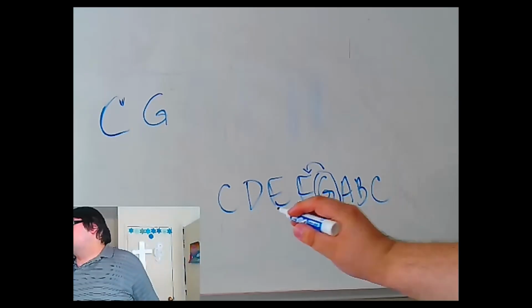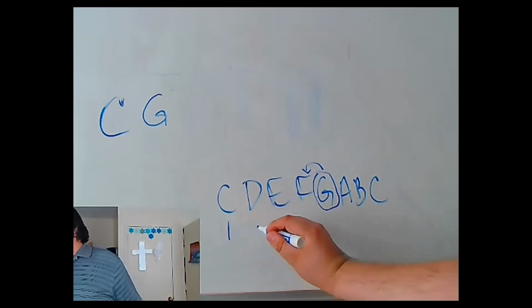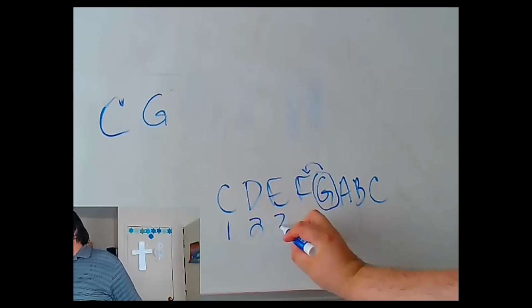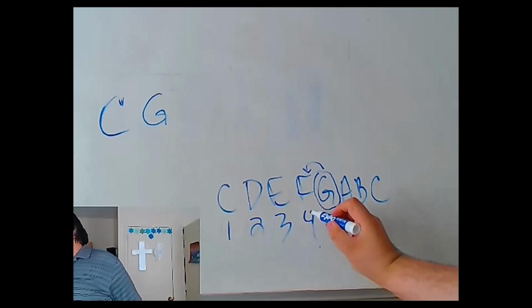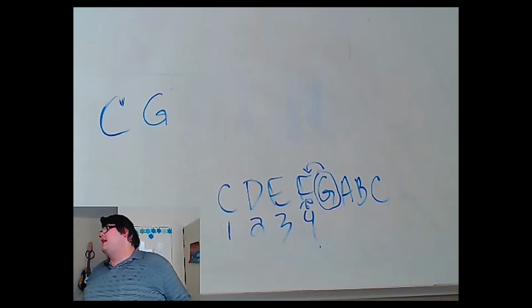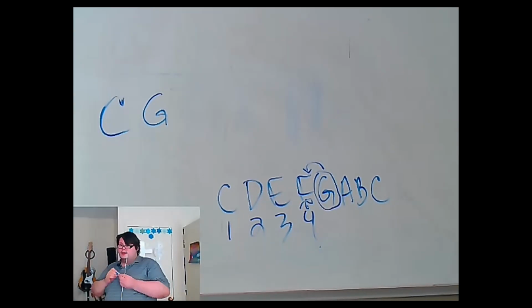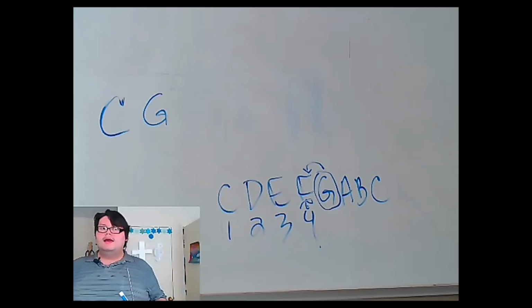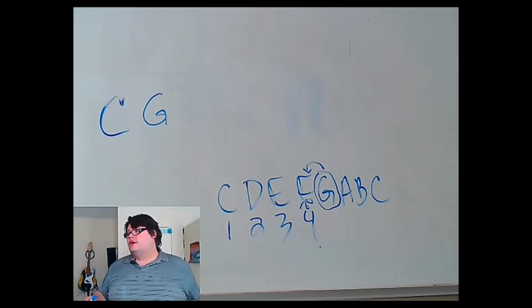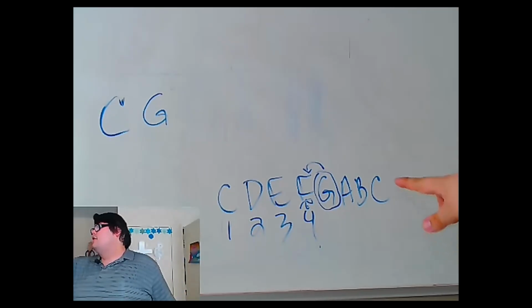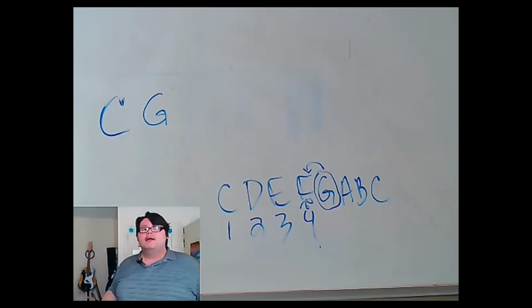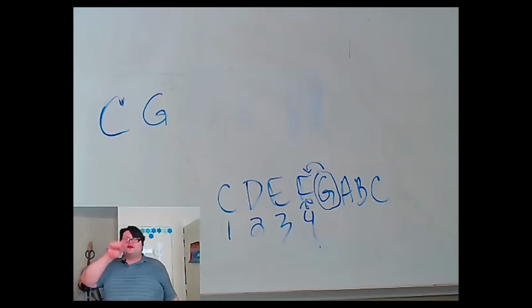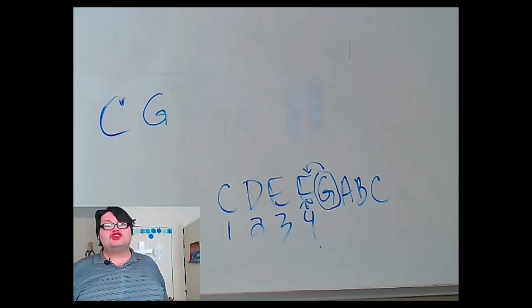So you go 1, 2, 3, and then 4. No matter what method you try, you can see that 4, or going the easy way of going back and referring to the previous one, is the one that we're going to add sharps to.